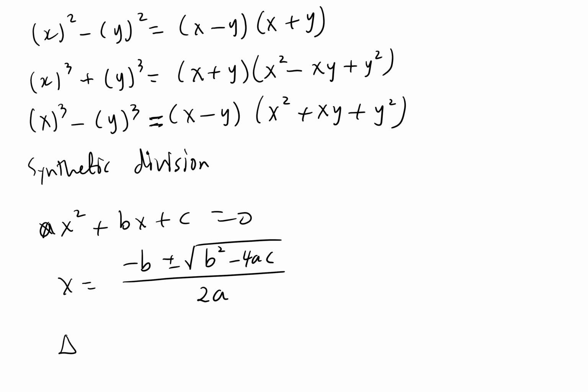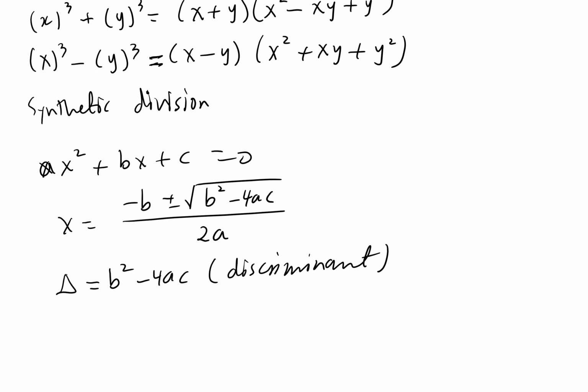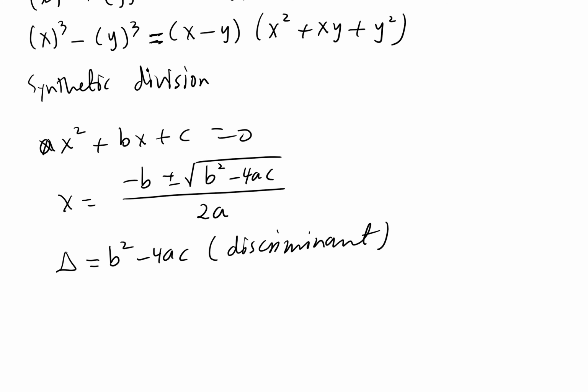The quantity under the radical sign, we call it the discriminant. If the discriminant is bigger than 0, then the equation has two distinct real roots.